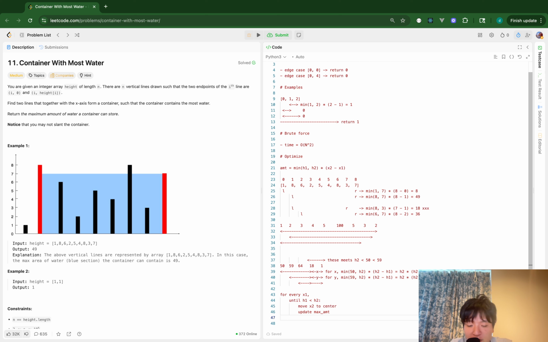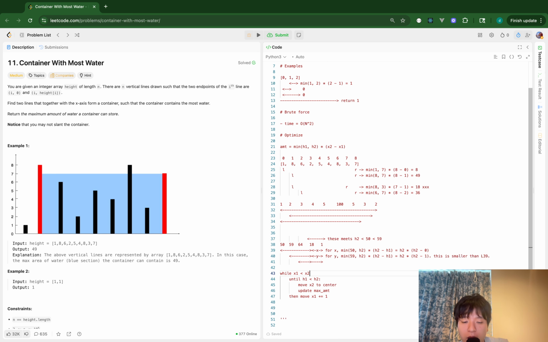Then once this is done, move x1 plus equal 1. And probably I will do this until x1 is smaller than x2. Okay, so this is basically what I can do.